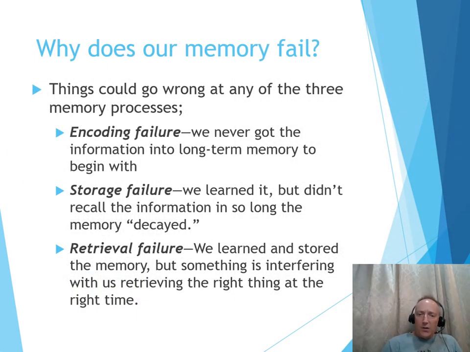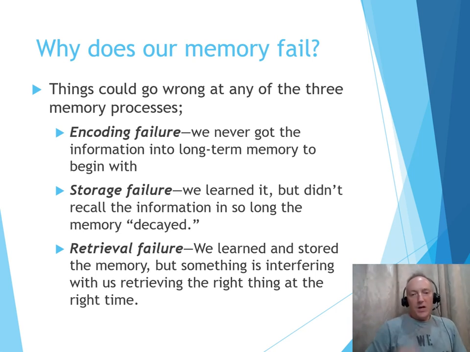And when our memory fails, it could go wrong at any of the three memory processes: encoding, storage, or retrieval. So some things you don't remember because of encoding failure. That means you never really learned it to begin with. You never got the information into your long-term memory. Sometimes you don't remember because of storage failure.